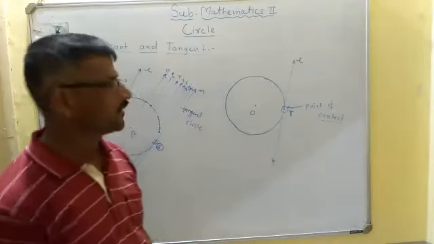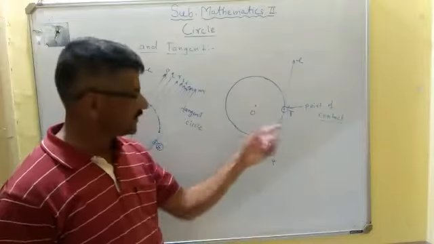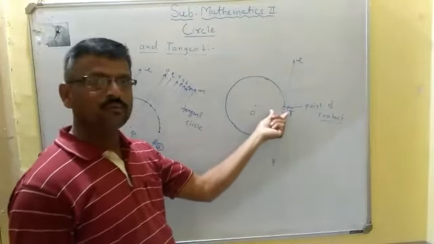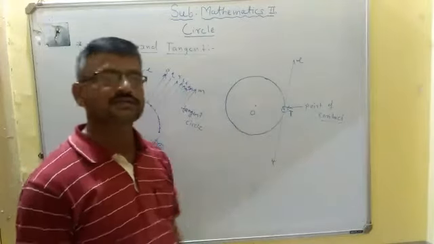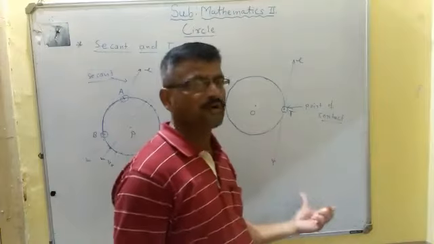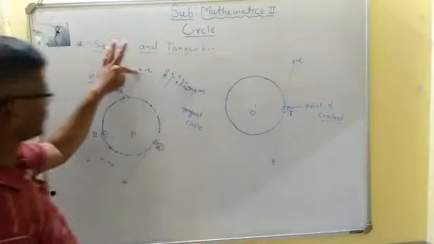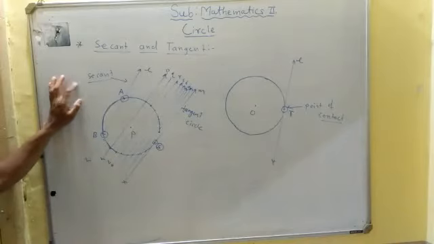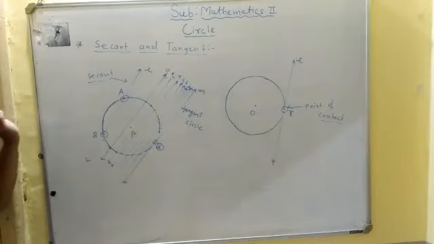Also, we define it: if a circle and a line have one and only one point in common, then that line is also known as the tangent of the circle, and the common point is known as the point of contact. And if a line intersects the circle in two distinct points, then that line is known as the secant of the circle.